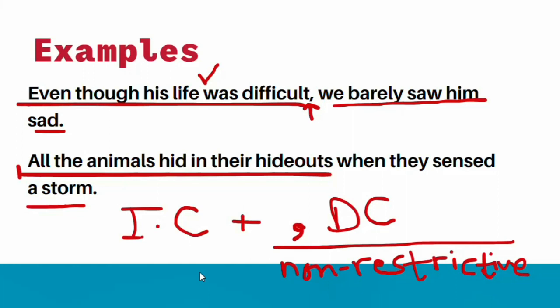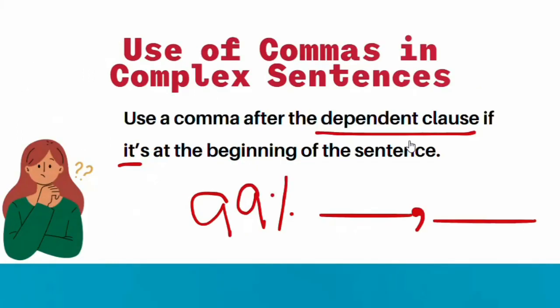We can learn about this concept some other time, because right now when we are learning complex sentences for the very first time, we need to focus on the rule of comma that I have just told you, because it satisfies almost 99% of complex sentences.